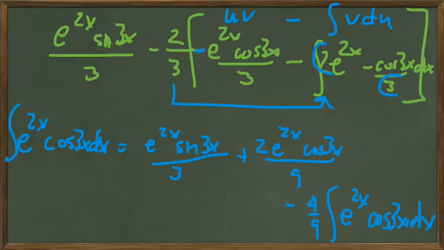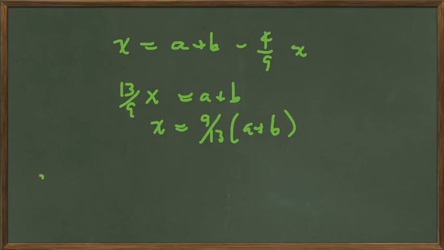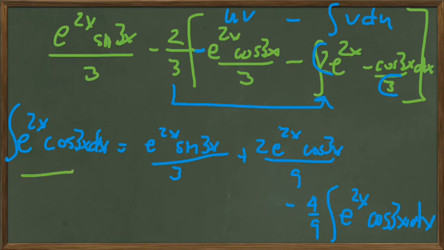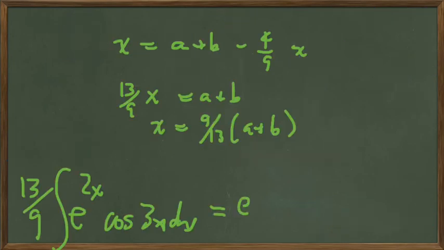We're going to say that we have 13 over 9 times the integral of e to the 2x cosine 3x dx, which we get by combining this and moving this term over to the left, and that equals e to the 2x sine 3x over 3.